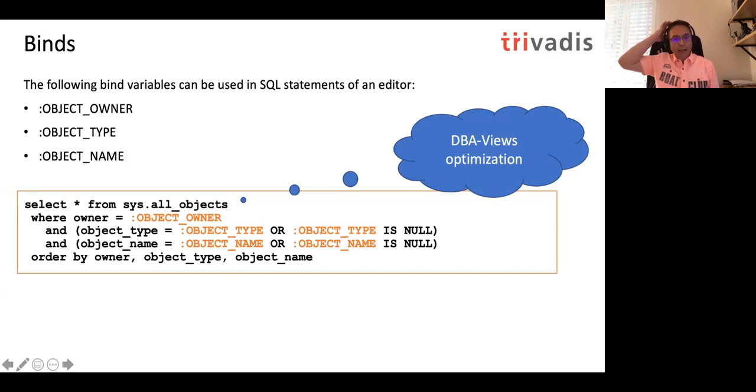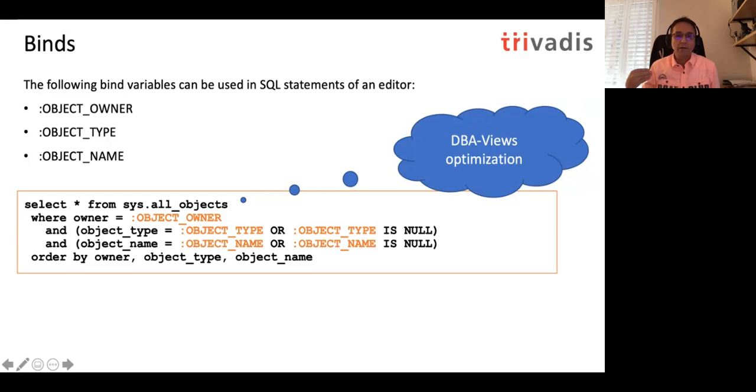You have just a set of parameter binds which are provided by SQL Developer for you, and you may use them. An interesting aspect for editors is that there is a DBA view optimization. Maybe you know that on large schemas, these large databases with a lot of objects and a lot of users, the ALL_OBJECTS views are a bit slow.